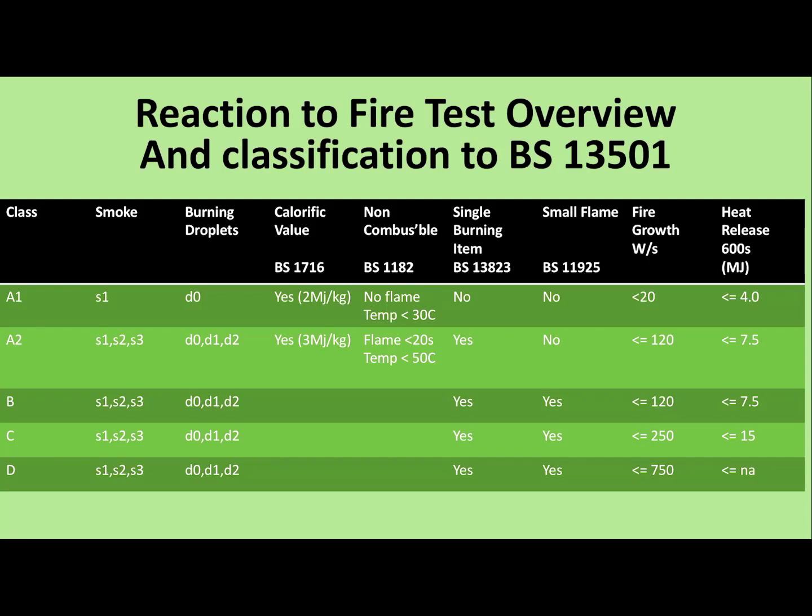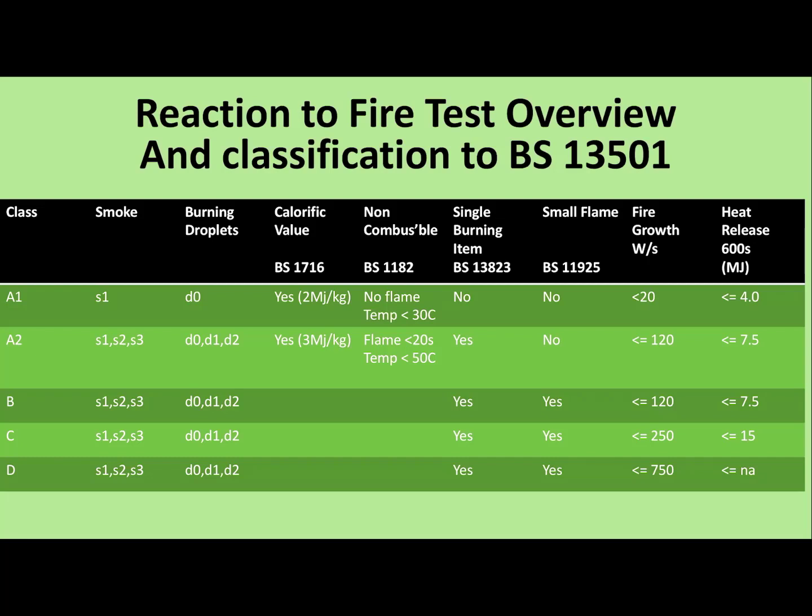Small flame test, again, no and no for A1 and A2, but it is tested for B, C and D, and like I said, it's a pass or fail test. Otherwise you can't progress onto the single burn item test, the SBI test. Fire growth rate for A1 has got to be less than 20 watts per second. For A2 and B, it is less than 120 watts per second.